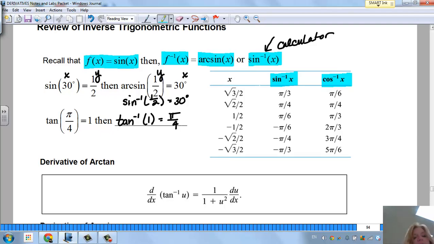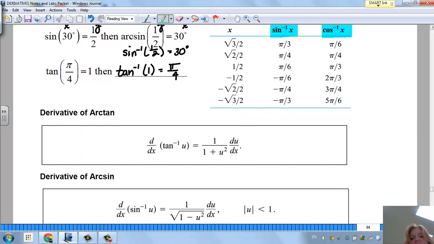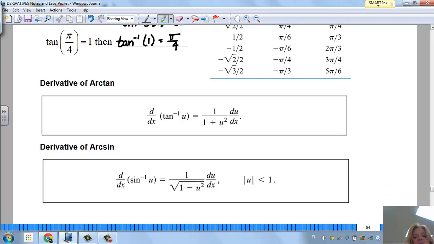Now, I'm going to show you the two basic ones that we use a lot, and that's going to be the derivative of arctan and arcsine. I am going to show you the other 4, but these two we're going to use first. The derivative of inverse tan of u is going to be 1 over 1 plus u squared du dx, or you can see it written this way.